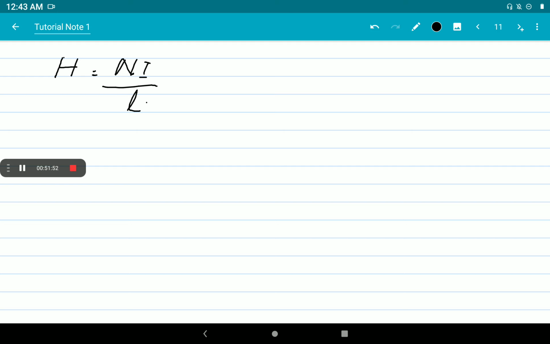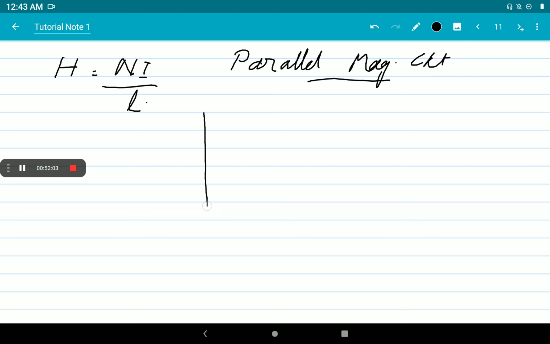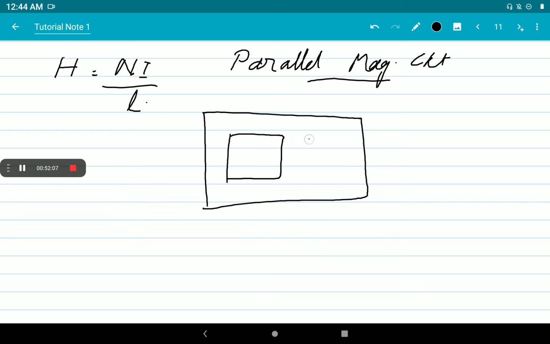And we have to consider the parallel magnetic circuit also. Just consider a parallel magnetic circuit having these two cores. The first core has a length L1 and this one has length L2. A parallel magnetic circuit consists of two parallel magnetic paths.